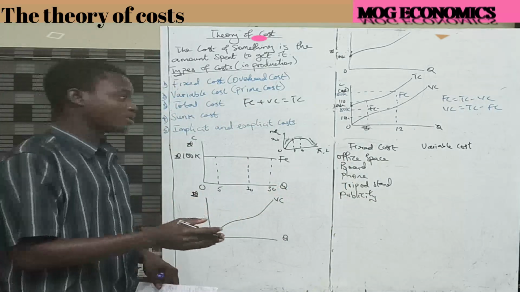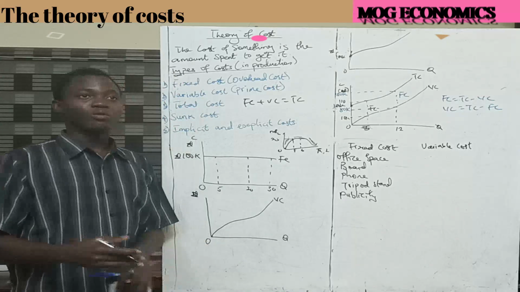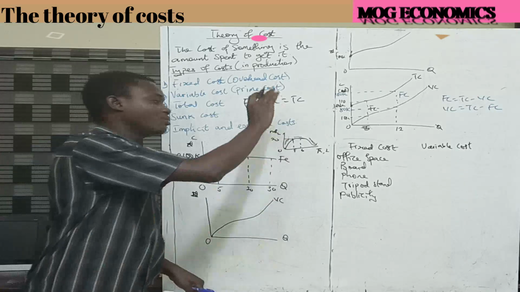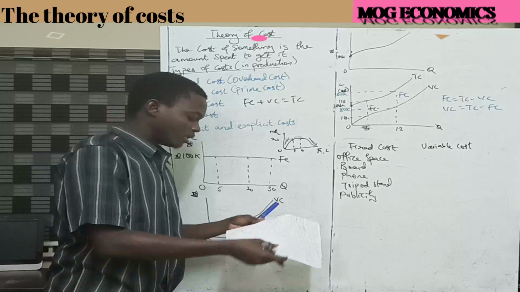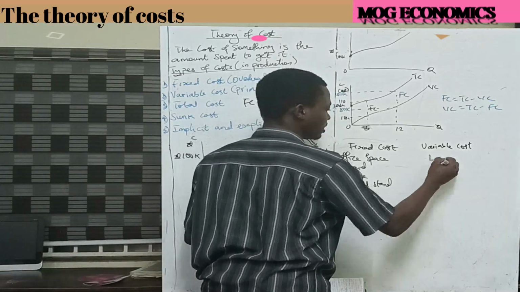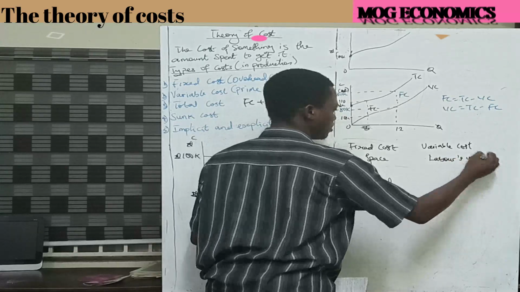Whether the program was able to fly or not, whether the number of internet students we were supposed to reach, we reached them or we didn't, the money spent on all of these things does not change. They are the same thing. Now, other variable costs, of course, labor, which is the wage.